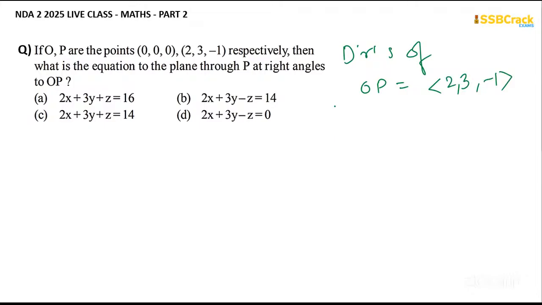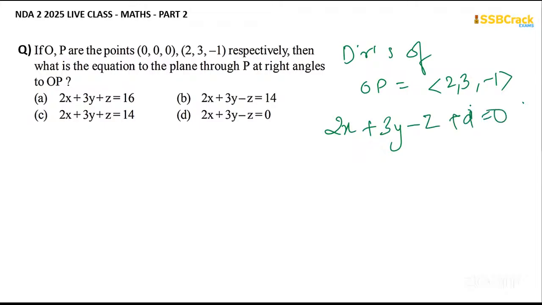Okay, then the plane is perpendicular to OP, so its equation will be 2x. It is perpendicular to this line. So its equation is 2x plus 3y minus z plus d is equal to 0.